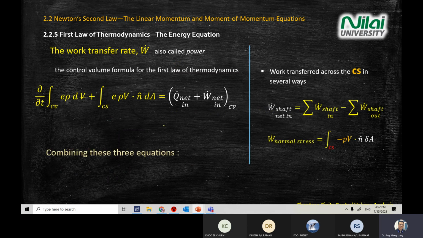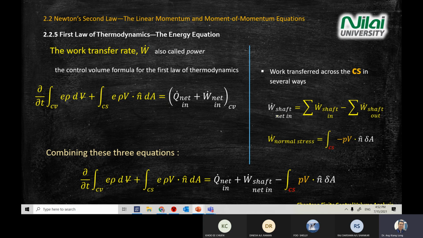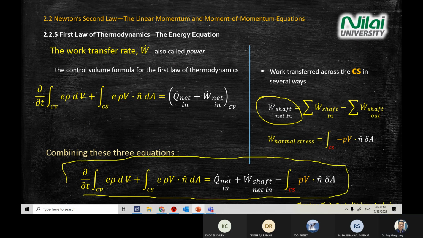The rest is just that you combine what we learned so far from the shaft example, the first example. You can rewrite the whole thermodynamic equation to the one you see at the bottom of the screen. So the control volume dimension plus the control surfaces dimension will equal heat, work. I apologize for my writing.